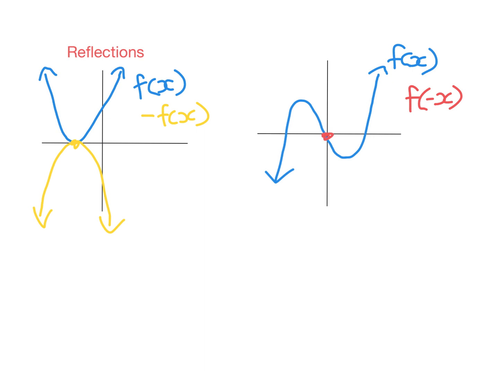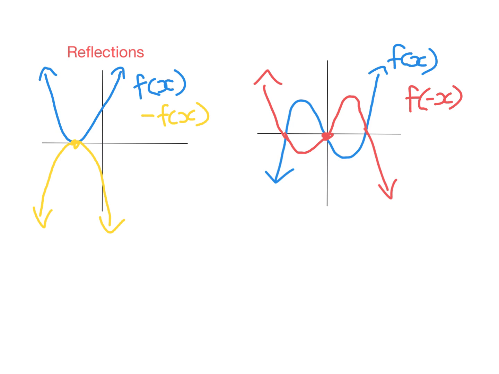Other than that, it'll be reflected. So this section of the graph here will move over here. This section of the graph will be flipped and it will come over here. And this section of the graph that just gets bigger and bigger, that will move over there. You can probably see what the whole graph is going to look like. It's going to look like that. So that's how you reflect across the y-axis.